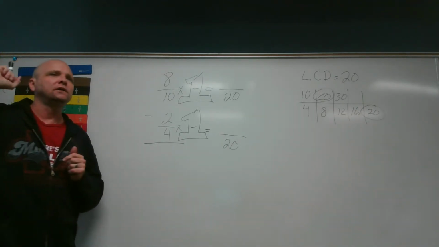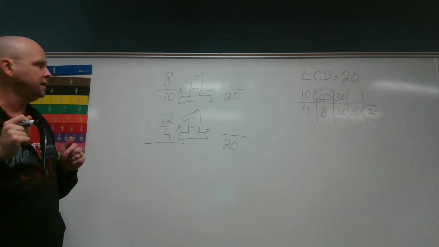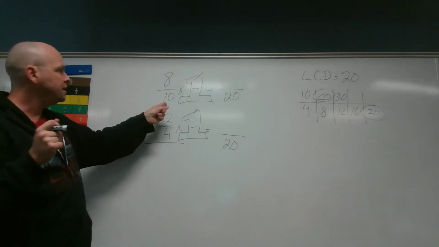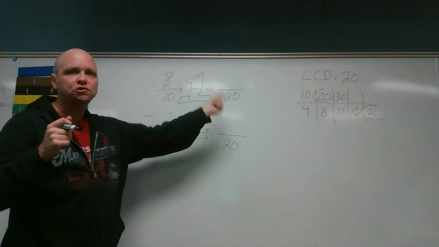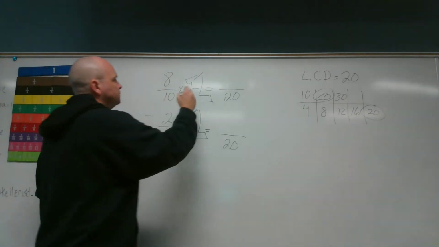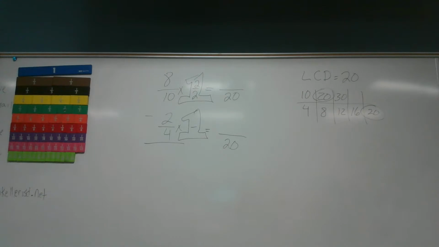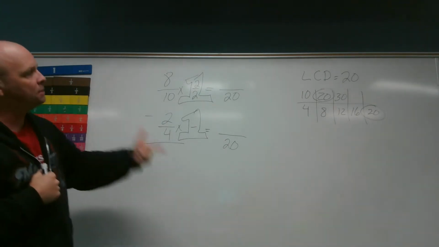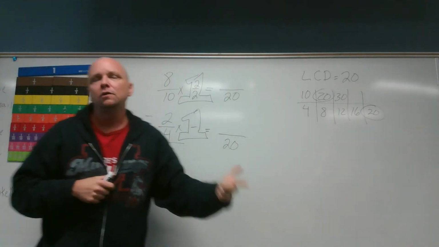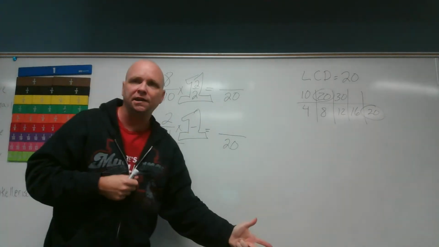Without changing the value. So Cain, 10 times what equals 20? 2. Awesome. And since I need this fraction to equal 1, both my numerator and denominator have to be the same, or my fraction's not going to equal 1.